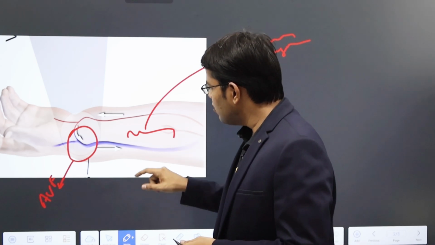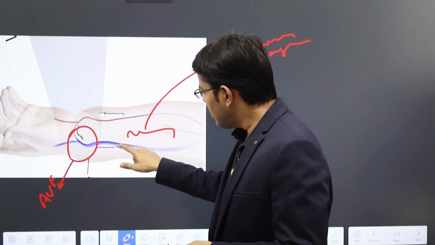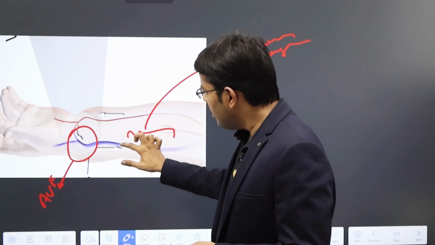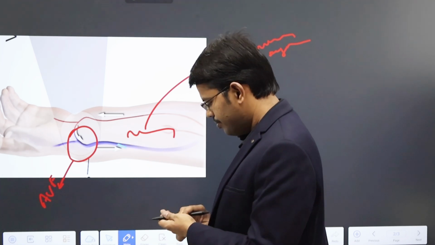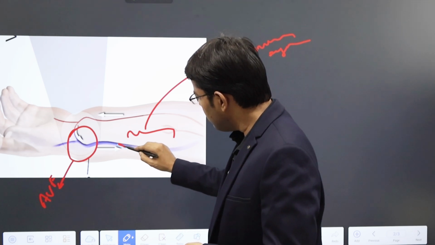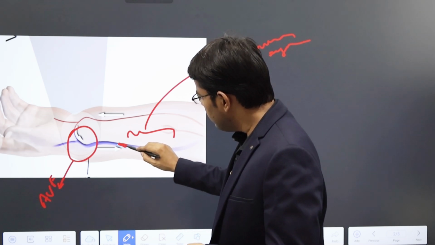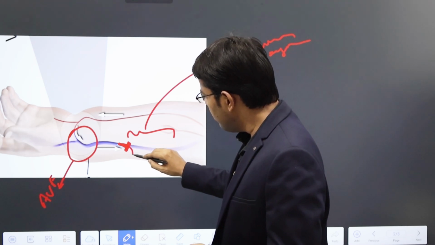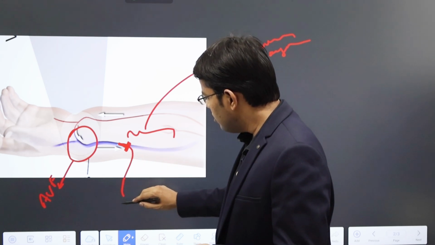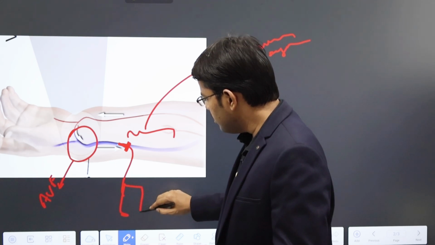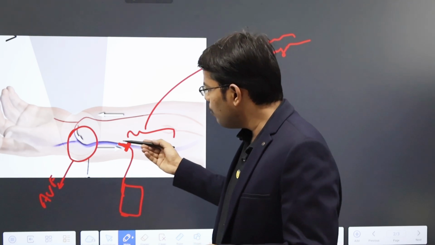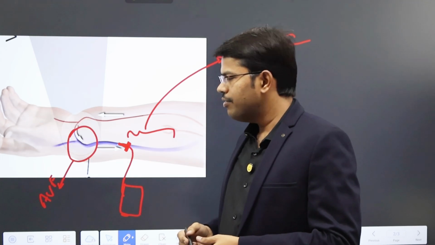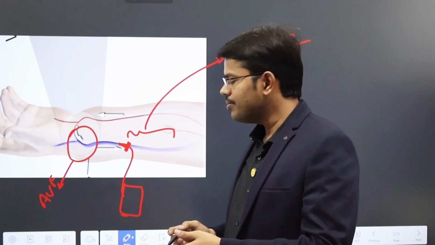In that particular case, what happened? Let us take this as a needle. It should take the blood from the patient to the machine. This needle has to face towards the fingers, away from the heart.